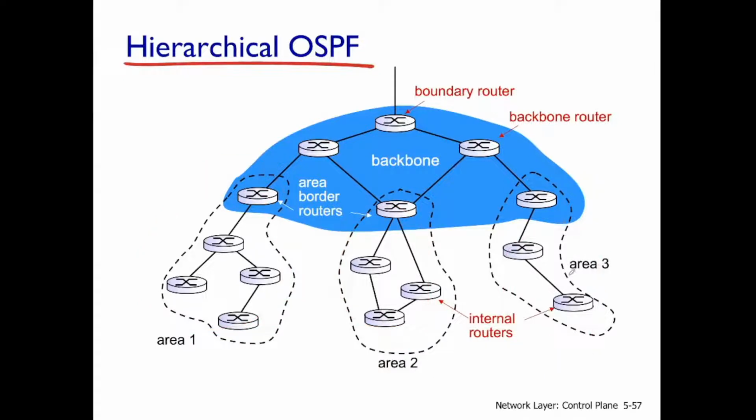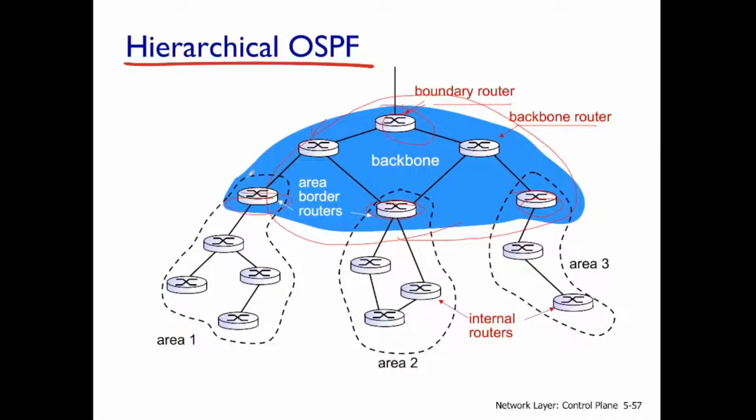Then at the higher level, in the backbone of this AS, we could have multiple routers configured. These are called the backbone routers in general. Some of these backbone routers might be at the border of the AS. They are also the boundary routers. Some of these backbone routers are also the managers of the areas.